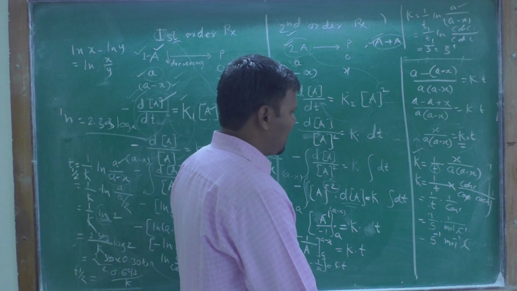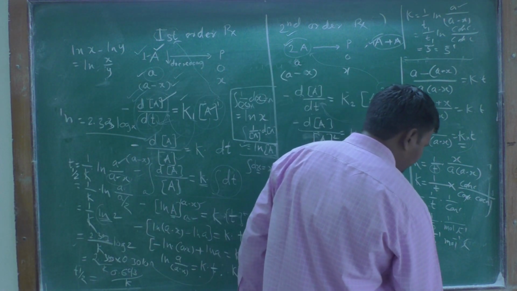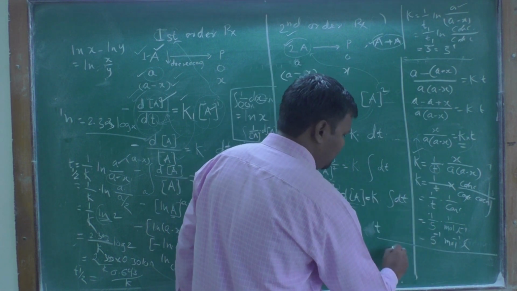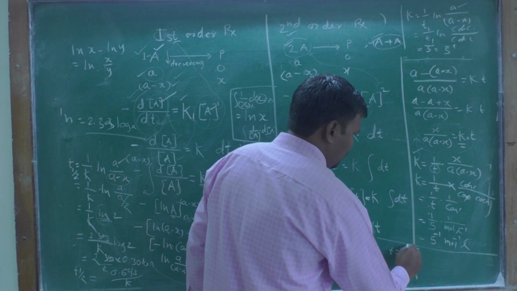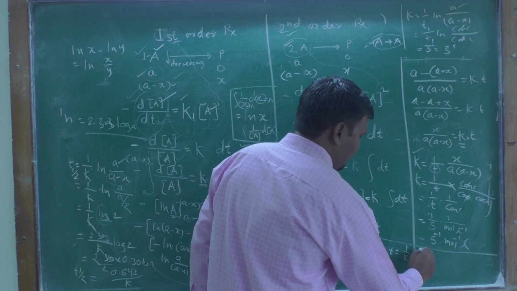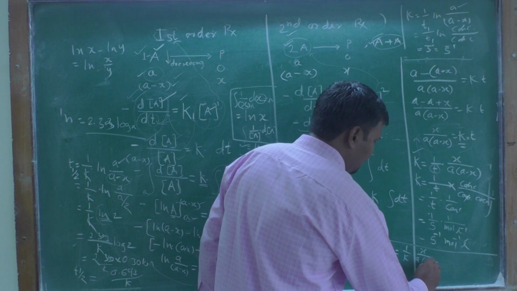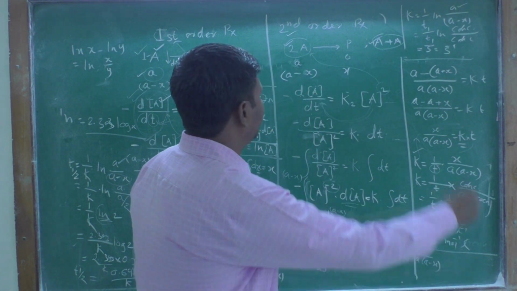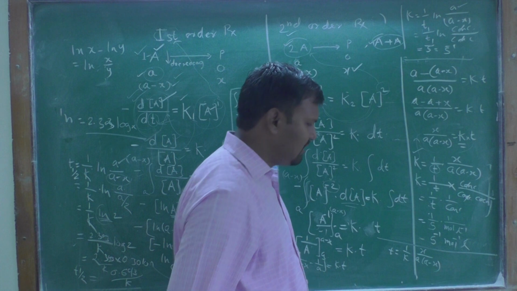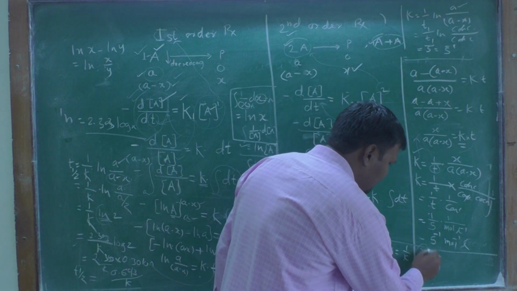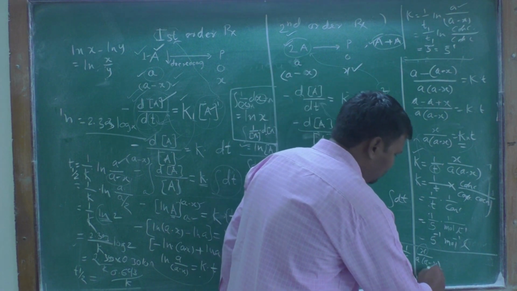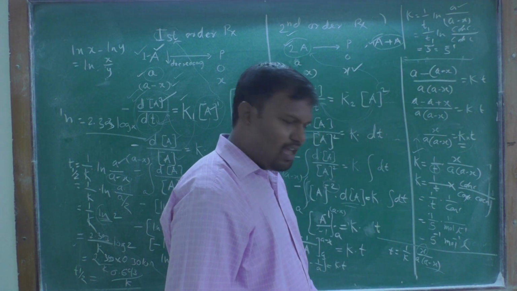If you consider the half life period for the second order equation, okay, this equation we drop, t is equal to 1 upon k x upon a into a minus x. Okay, x quantity at t1 half, what will be its quantity? x is replaced by a by 2. a minus x is also a by 2.